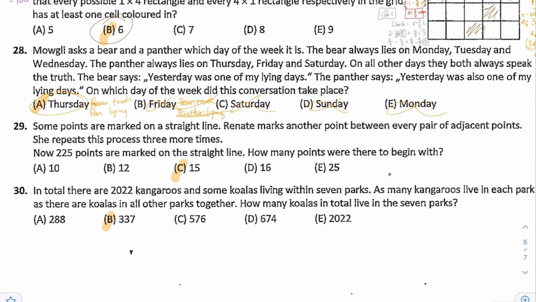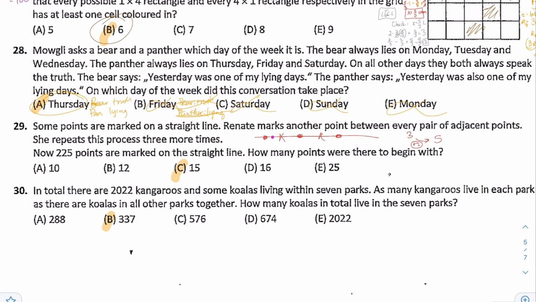So let's model this problem using, let's say, 3 points. You start out with 3, then the next time, if she marks another point between each pair of adjacent points, that would be 2 more. So that would be now 5. And then she does this again.